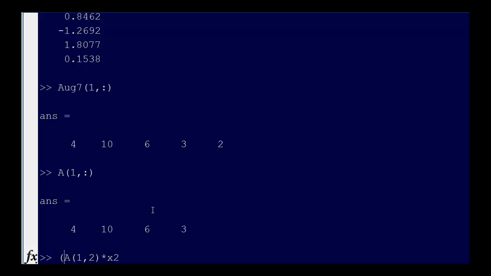So it'll be the a 1 1 entry, no, it'll all be divided by, so we'll have to take the b.